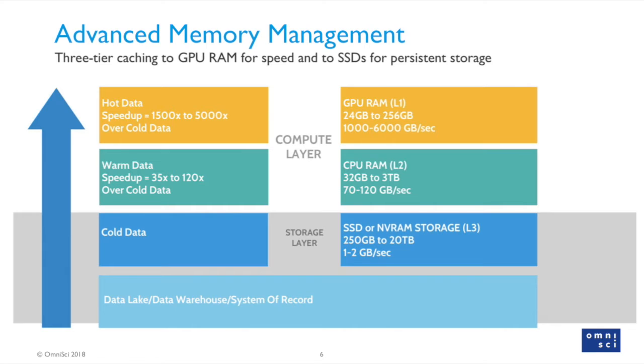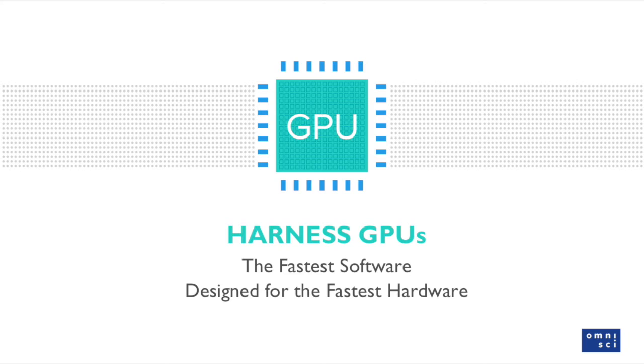Then CPU memory, when your data frame goes into CPU memory, is like 120 gigabytes per second. But GPU RAM is almost in terabytes per second. So again, orders of magnitude faster access of data from the GPU. OmniSci harnesses both the compute, the thousands of cores available to us, and the memory bandwidth that is available to us.